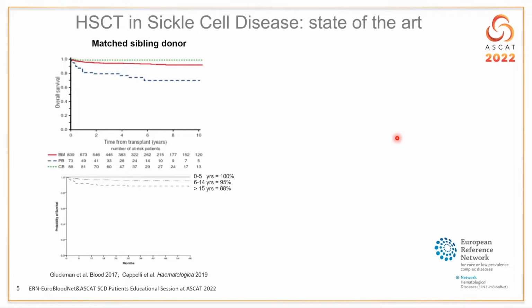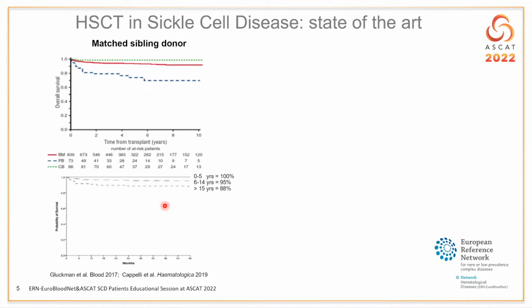As I said, if we had a matched sibling donor, a 100% sibling donor, the results of the transplant are very good. These are two very big studies, including more than 1,000 patients, that can show you that the probability of survival and event-free survival after transplant from a matched sibling donor, the probability of cure, is between 90 and 100%. We know that the age of the patient is important.